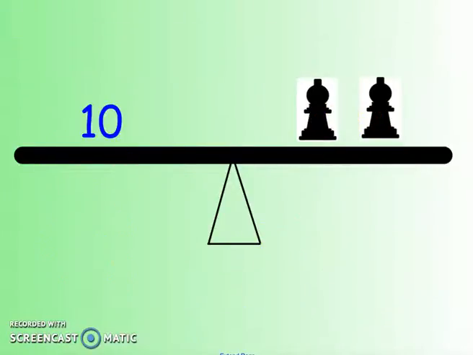How about this one? If I have 10 on this side and again 2 pawns, I'm trying to figure out what each pawn is worth. I divide both sides by 2, since there's 2 of them again, and I'm going to use a line to show division.